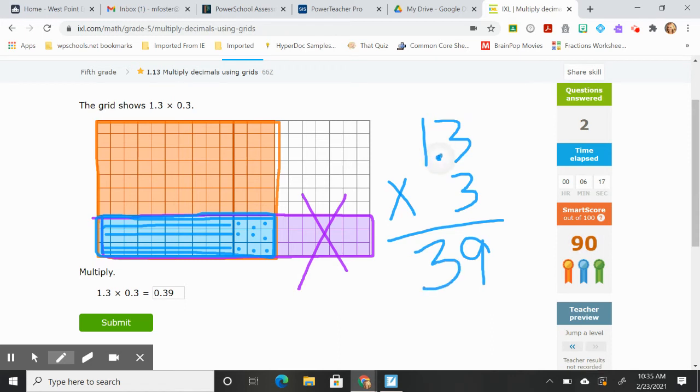And put our decimal points back in, there and there. And we would scoot them over 1, 2 times. And that would be your answer.